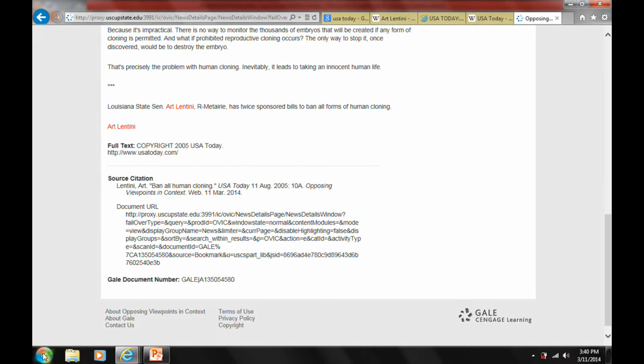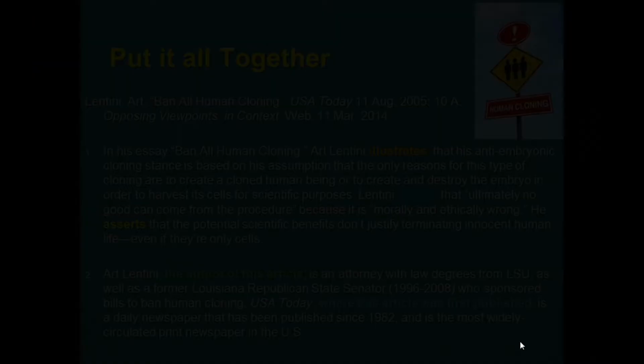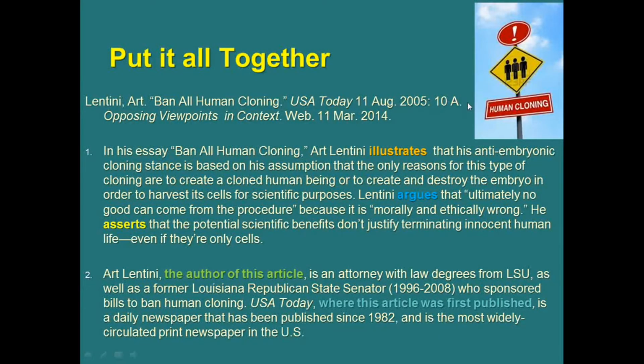Let me explain what I mean a little better. On your Works Cited, for example, here this goes to 10A. So that's the page number. And then we wrap down to the second line.